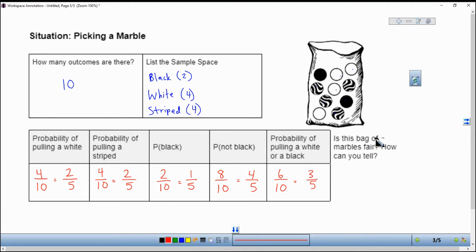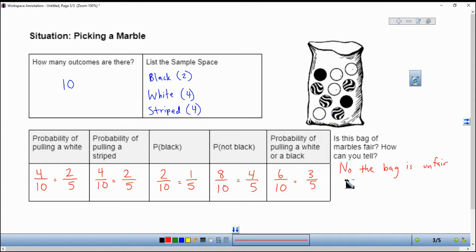All right, so is this bag of marbles fair? Well, looking at the data we have, if we look at white, striped, and black, the black has a less likely chance of being pulled. So this wouldn't be a fair bag of marbles, because there's not an equal probability of picking out each color. So is this bag of marbles fair? No. The bag is unfair. And how can you tell?